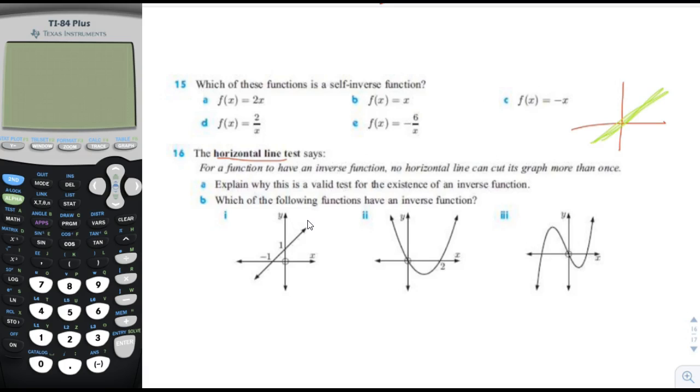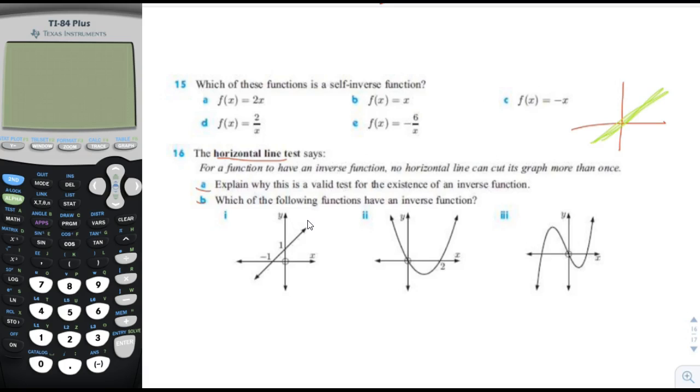And remember also that the domain of a function is the range of its inverse function, and the range of a function is equal to the domain of the inverse function. Okay? And so that's kind of why the vertical line test becomes the horizontal line test, right? Because you're basically turning the thing sideways. So what was the vertical line test before now becomes a horizontal line test. Okay? So that's the explanation for A.